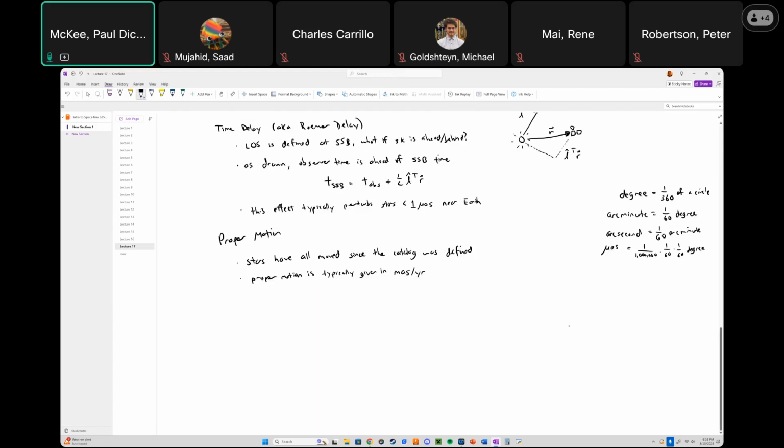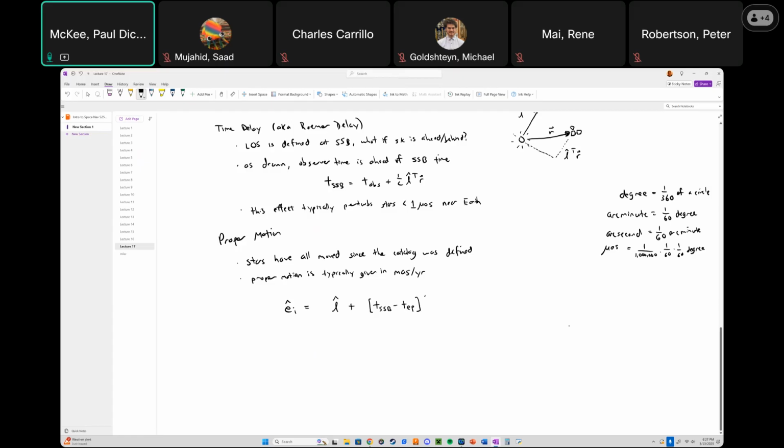I'm going to say that E I, which is the actual line of sight direction, is the line of sight that is caused by, so the original L direction, right? Plus some delta t. So this is going to be the solar system barycenter time minus the epoch time. So the time the catalog was defined.